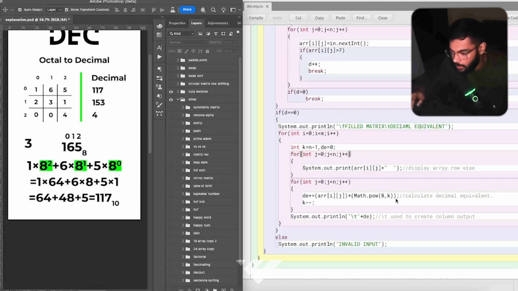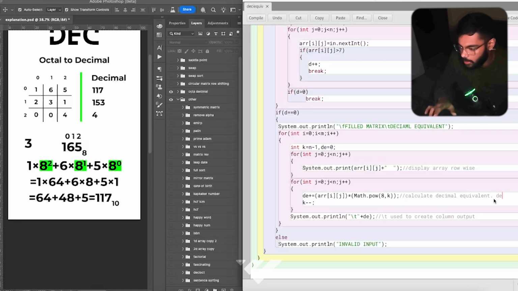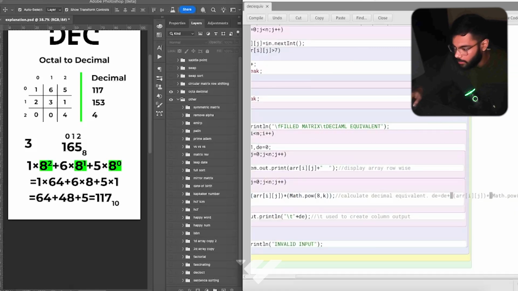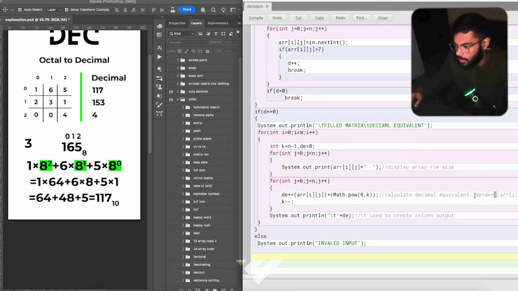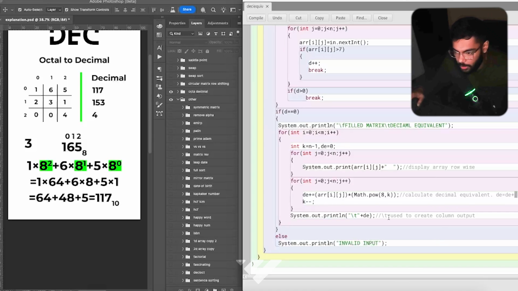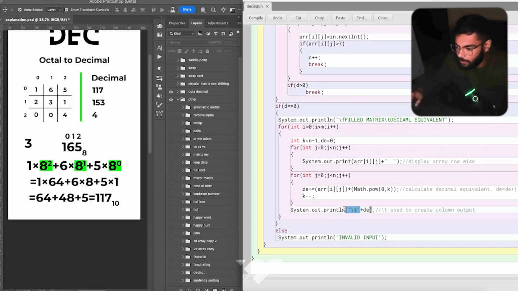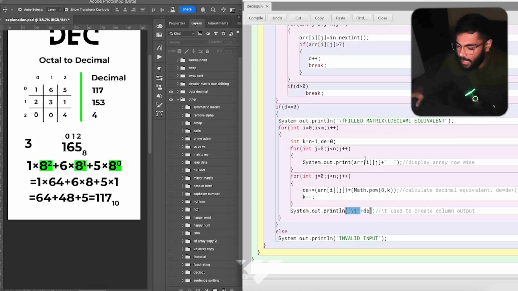This is a shorthand: DE plus equals, which is the shorthand of DE equals DE plus. So I told you everything about this program. This is relatively very easy. We are using the backslash t. Let's see that.